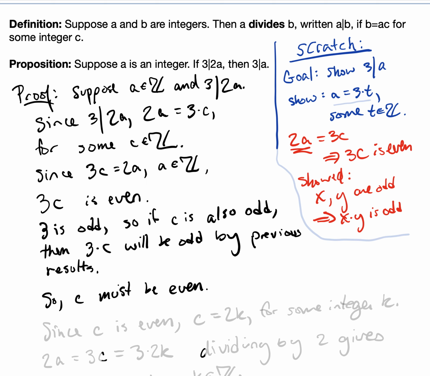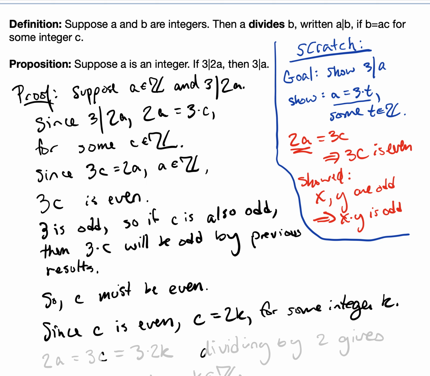Now we can use the definition of what it means for c to be even. So since c is even, c is equal to 2k for some integer k. So let's think back to what we're trying to prove. We're trying to show that a is equal to 3t for some integer t. So we want to know more about a. And we do at this point know more about a.